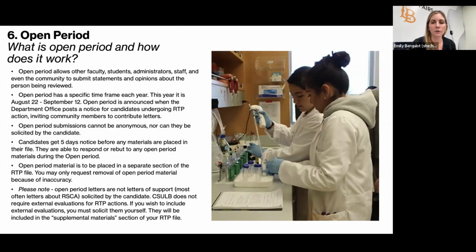I think another place of confusion here is that open period letters are not letters of support solicited by the candidate. So for example, when I was up for tenure and promotion, I asked colleagues in the field to submit letters of support talking about my research and how it contributed to my area of study.